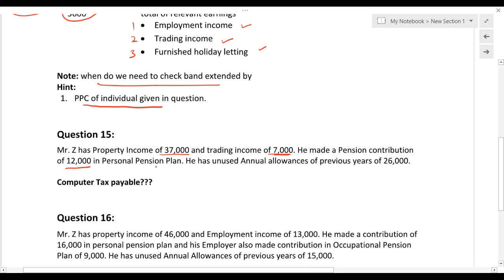He made a pension contribution of 12,000 in personal pension plan. He has unused annual allowance previously of 26,000. Compute tax payable. Okay. Property income is a non-saving income, no doubt about it. Trading income is also a non-saving income.